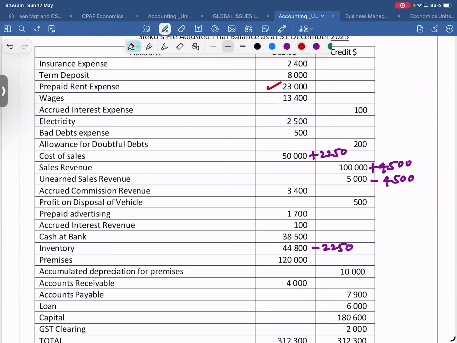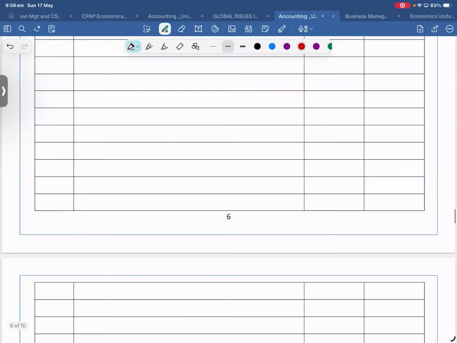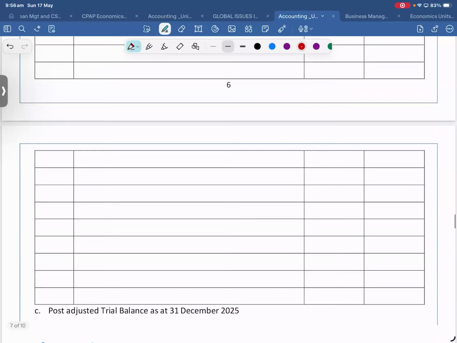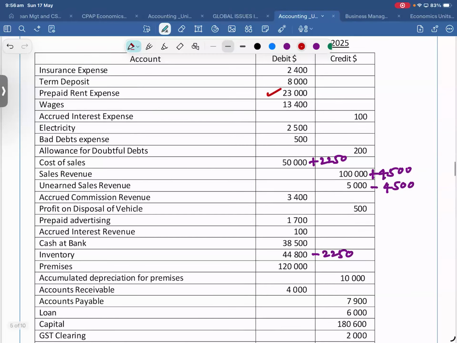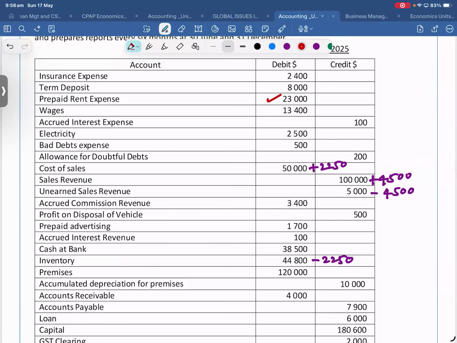So in the exam, are you going to mark the question book like this? Yes, exactly. This is how you are going to do it in the exam. If you were not given a post-adjusted trial balance, then what do you do? Having updated these things, you go straight away and record in the relevant reports.